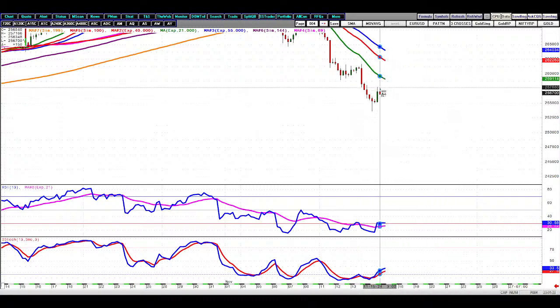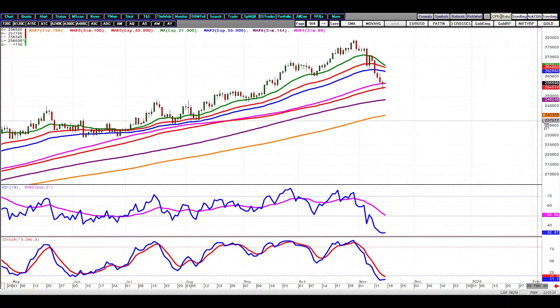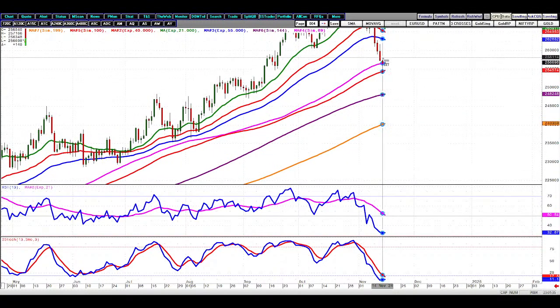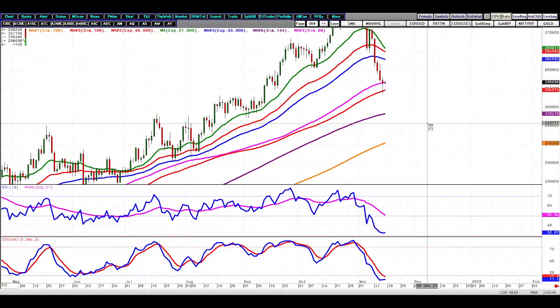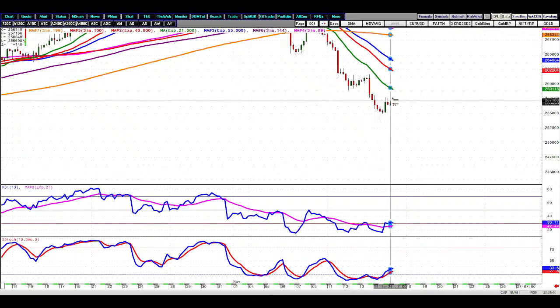So we have this range like 2577 half and 2551 half. Then on the daily we have slightly above, I believe, 2581 half. So in other words, this is under time control within the range between 2551 half and 2581 half.